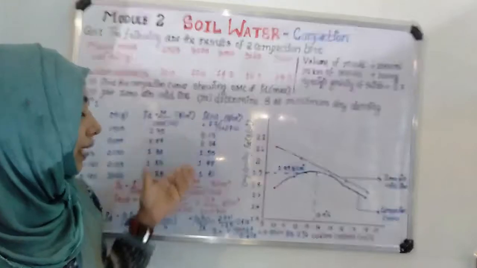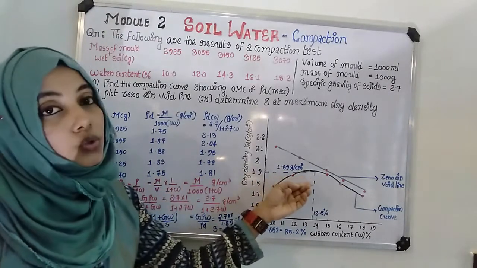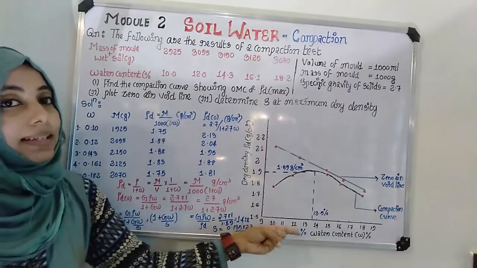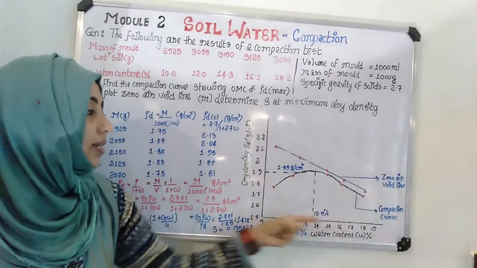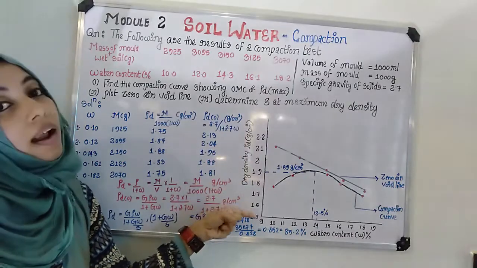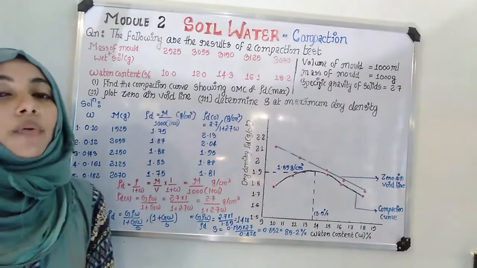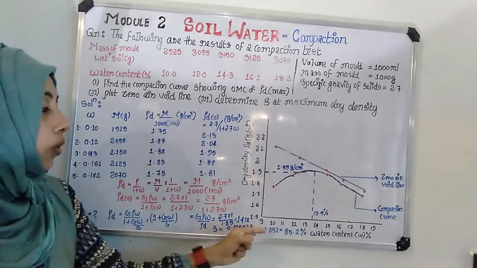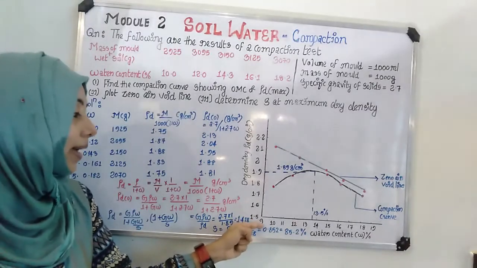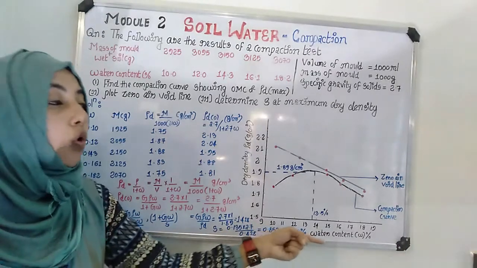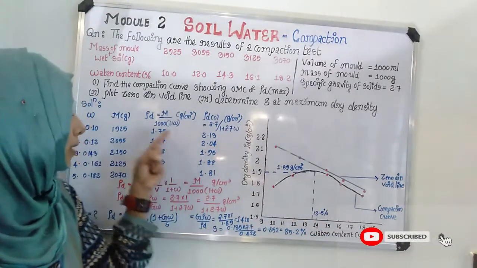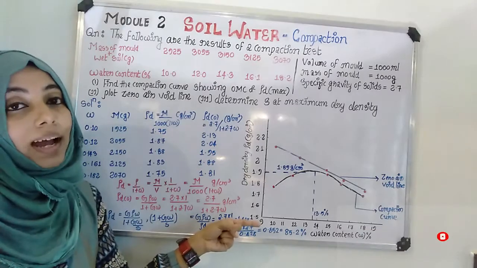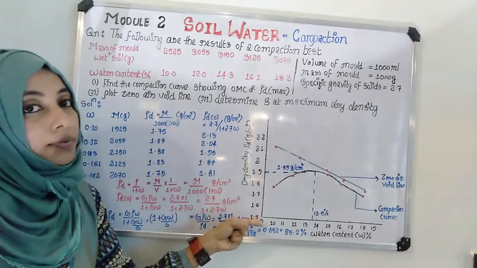So, by using this tabular column, we can draw our compaction curve and zero air void line. On the x-axis we take water content and on the y-axis dry density. In our given values, water content starts from 10%, so I started from 9 in order to mark all other water contents. Our dry density starts from 1.75, so I started from 1.5.